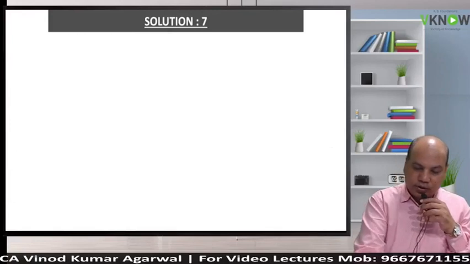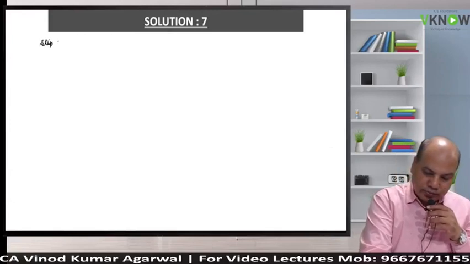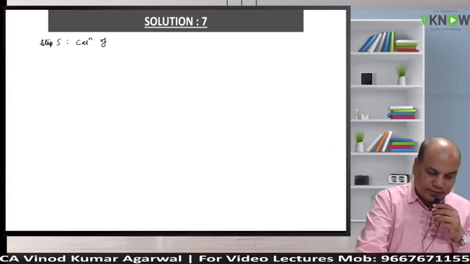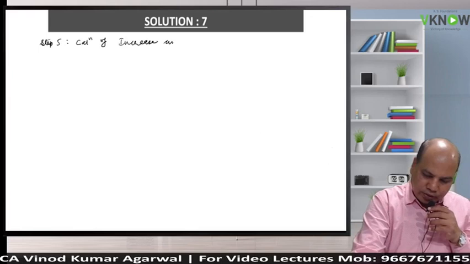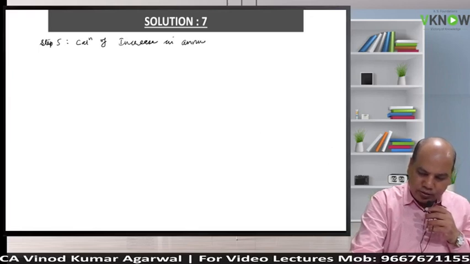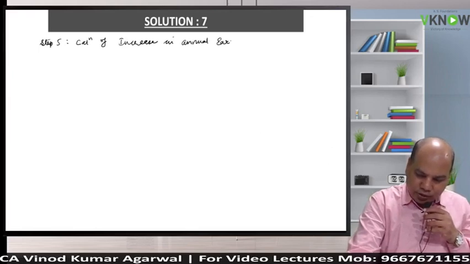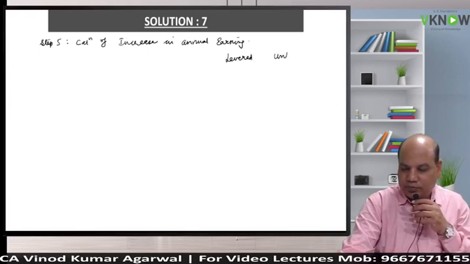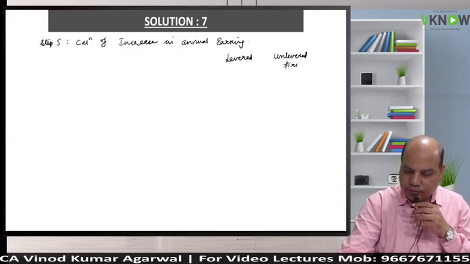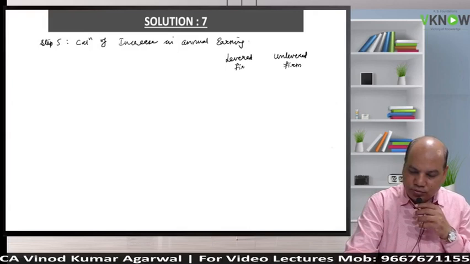Last, step 5, write down: calculation of increase in annual earning. Earlier he was holding shares in the levered company. Now he is holding shares in the unlevered firm. First chance to you.